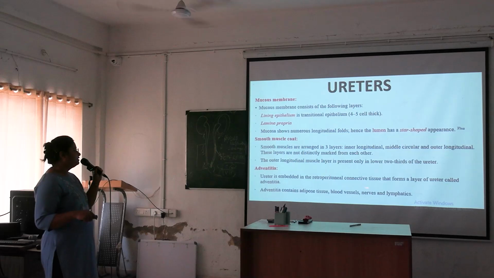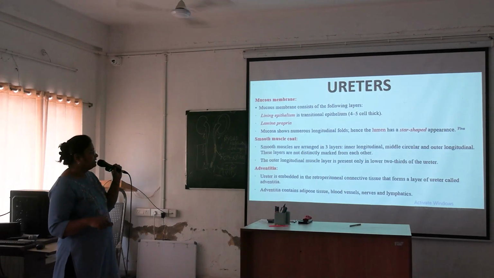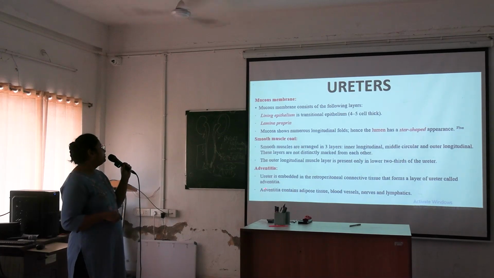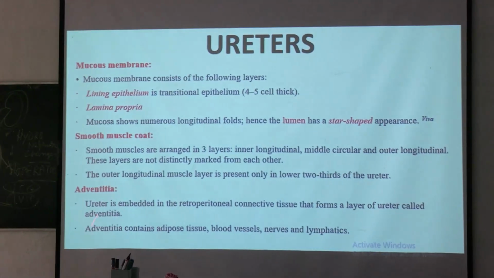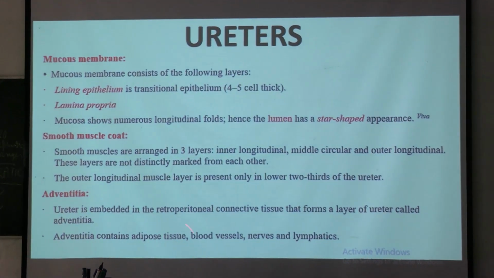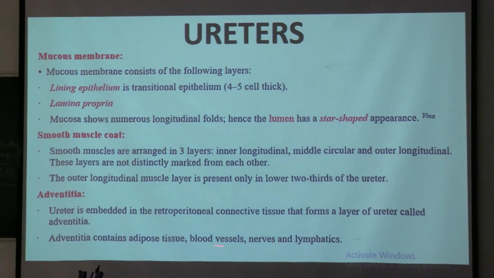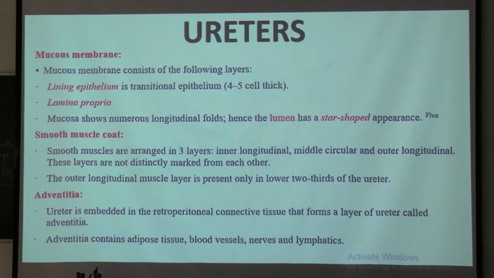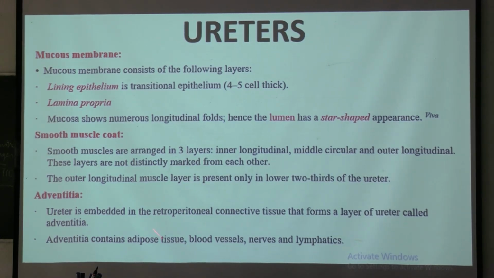Ureter is embedded in the retroperitoneal connective tissue that forms a layer of ureter called adventitia. Adventitia contains adipose tissue, blood vessels, nerves, lymphatics. In our slide in histo lab, you can see clearly the sections of blood vessels, both artery and veins. Nerves and lymphatics cannot be seen in this staining, and adipose tissue cells are also present in the adventitia.